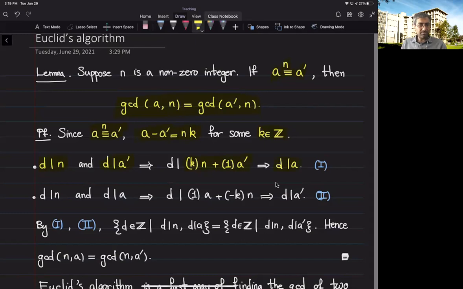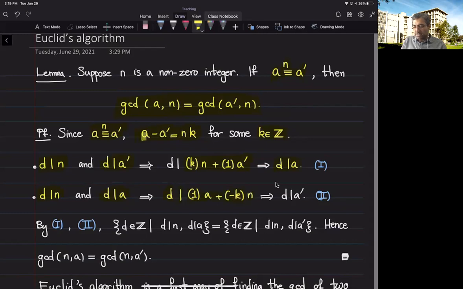Now I'm going to show the other way around. Suppose d is a common divisor of n and A. Now, from here, I know A prime is A minus nk. So it is an integer linear combination of A and n. By the same lemma that we showed, when d is a common divisor of n and A, it is a divisor of every integer linear combination of A and n. In particular, it divides 1 times A plus negative k times n.